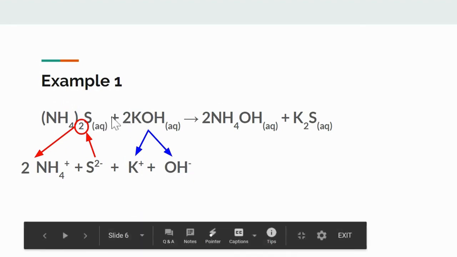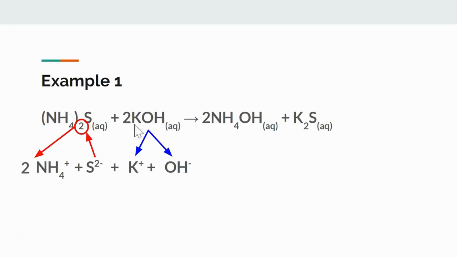But when we balance this overall molecular equation, we did have a 2 here. And so what that means is if this KOH breaks apart into its ions, it's going to produce 2 potassiums and 2 hydroxides. And so we have to balance by including those coefficients in the complete ionic equation.